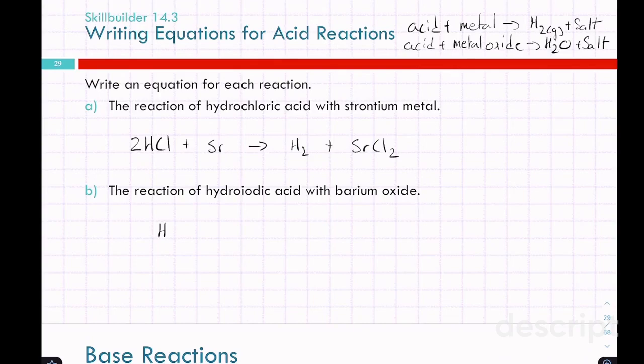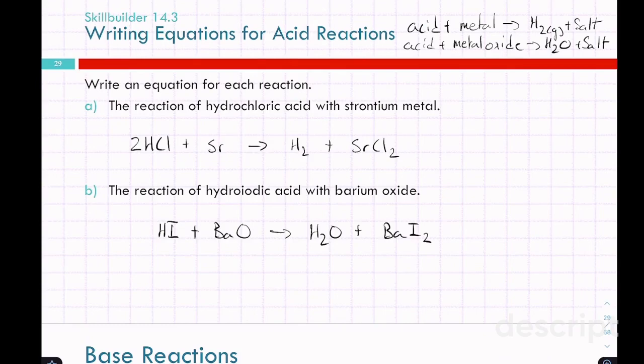So for hydroiodic acid plus barium oxide, what are the products going to be? H2O. And what's the salt? BaI2.